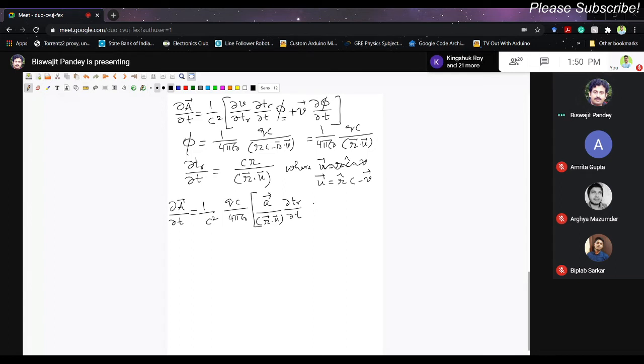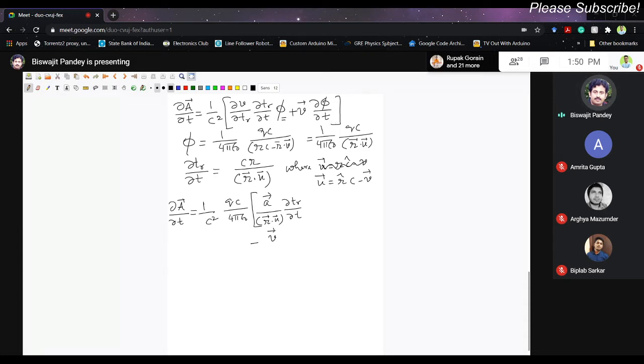Del tr del t, and then we have a minus, why minus? Because I have to do del phi del t, so we take the derivative of this, and qc by 4 pi epsilon 0 is already taken outside, so I am forgetting about that term. So what we have, v is there, and I have to take a derivative of 1 by r dot u with respect to time, right?